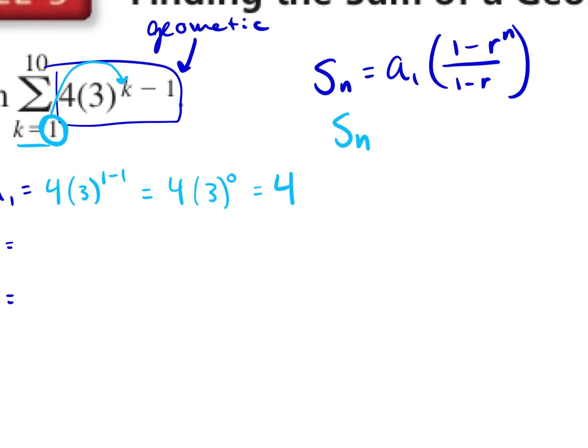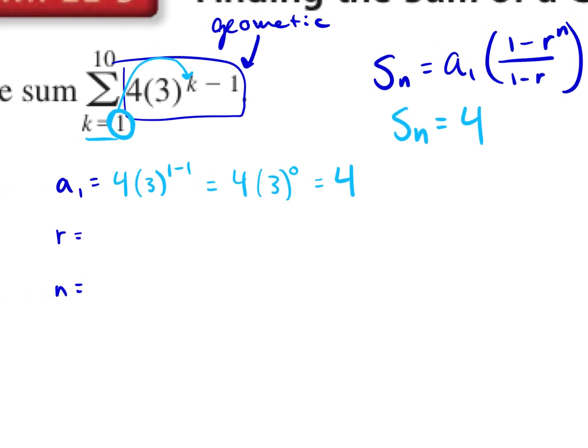So a sub 1 is 4. I can plug that in to a sub 1. Now our common ratio is always going to be the number that has the exponent. So what number here has the exponent? 3. It's the number that's in parentheses here. It's always going to be that number that's either in parentheses or has the exponent.